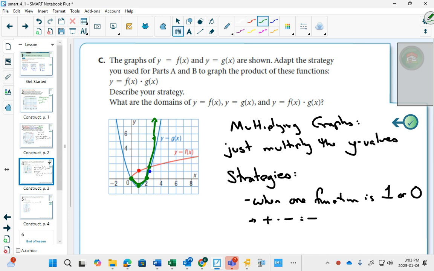Again, we can do more points for mental math if we like, but we're going to get an idea from a few points. But the shape is not as easy to figure out like the adding and subtracting ones. And then the most complicated is when we divide.